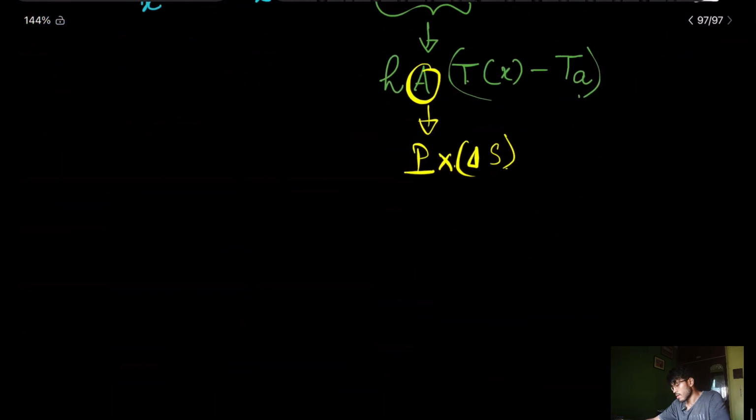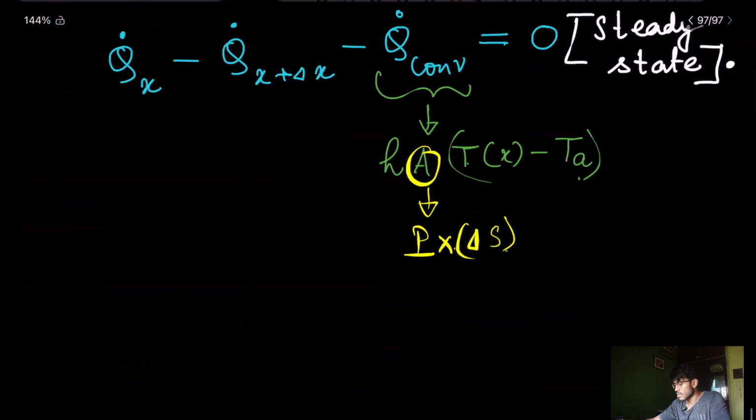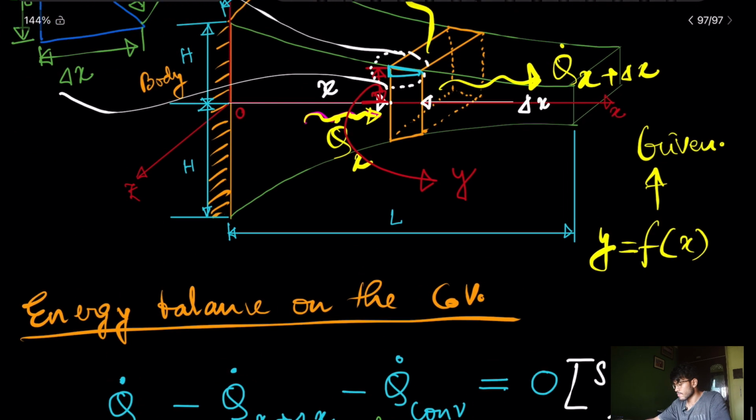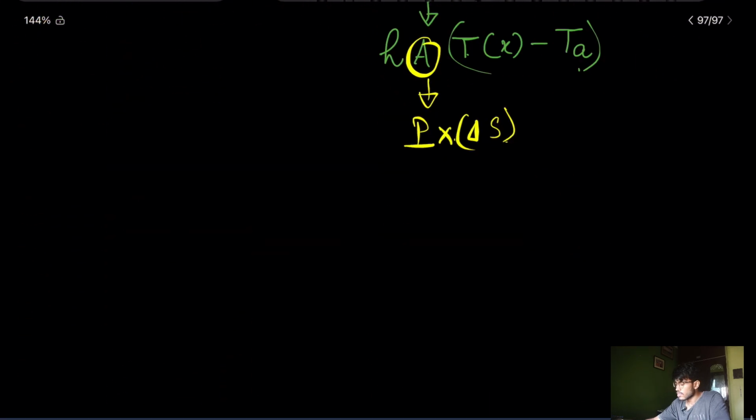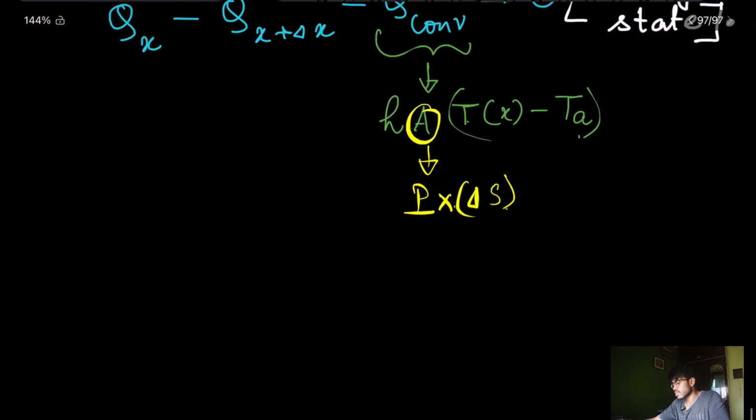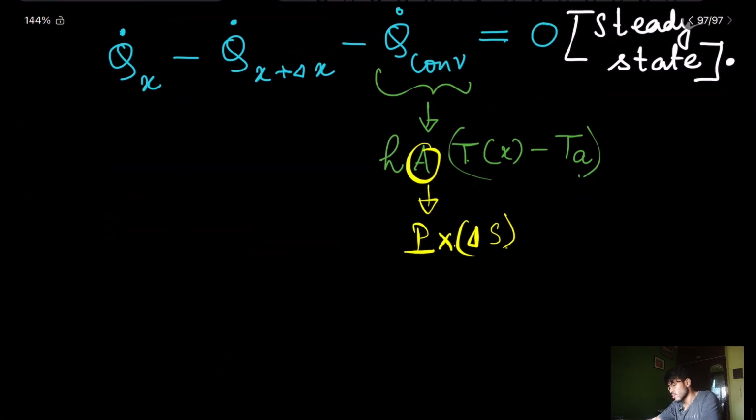So this will be perimeter into delta s. Now this perimeter is also a function of x, so let me write it as the perimeter, a function of x, into delta s. Now what is this delta s?